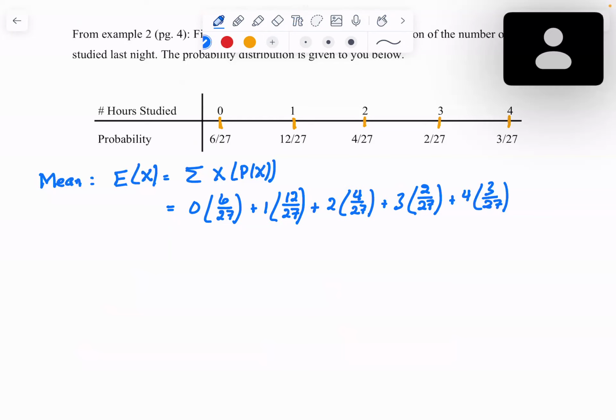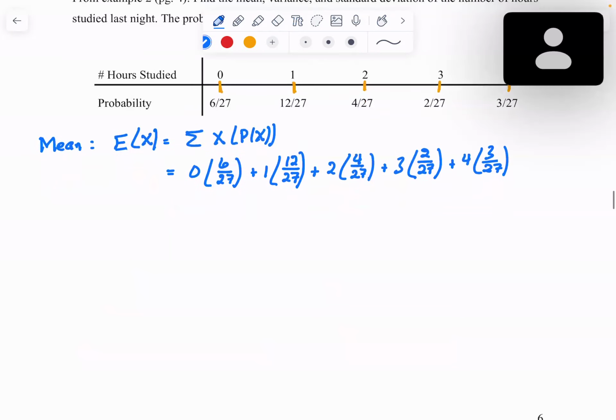Someone tell me what that ends up being as a fraction. What does that sum to?